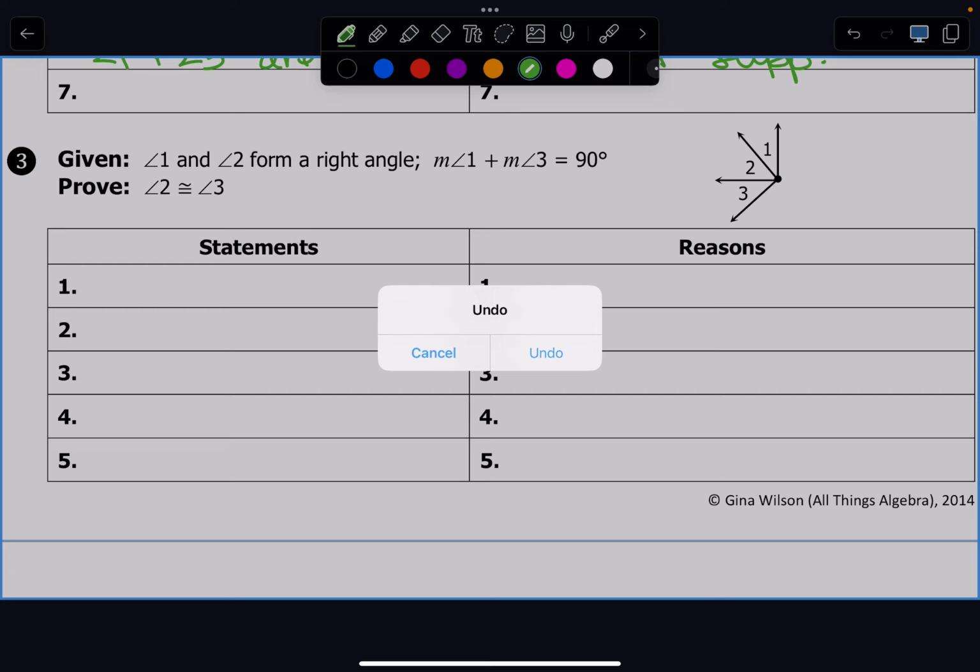1 and 2 are 1. 1 plus 2. And then you can do a substitution. Angle 1 with angle 2. Because angle 1 equals angle 2.